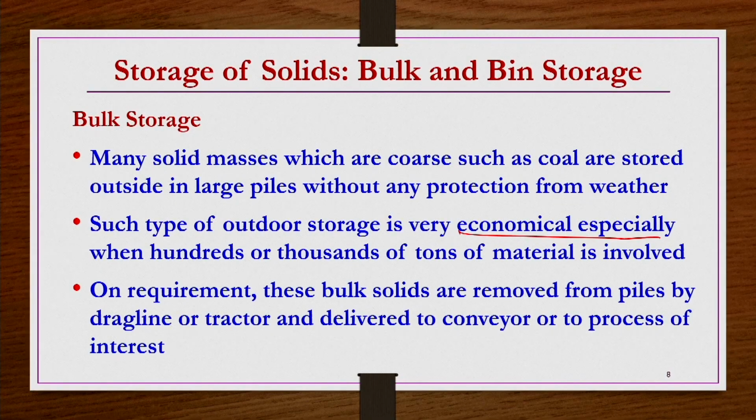So then such kind of material may be piled on earth surface without any protection from the environment. So on requirement, these bulk solids are removed from piles by drag lines or tractors and delivered to a conveyor or to the process of interest. So let us say coal you piled on an empty free earth surface.